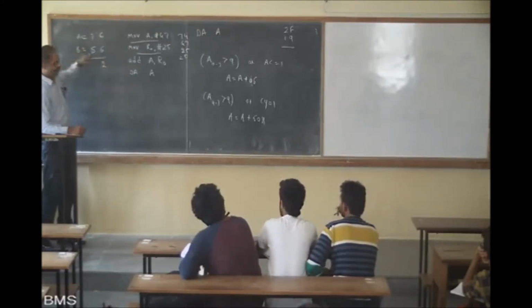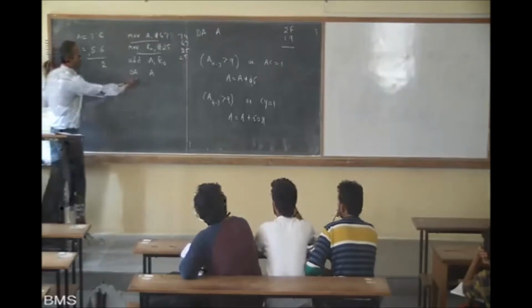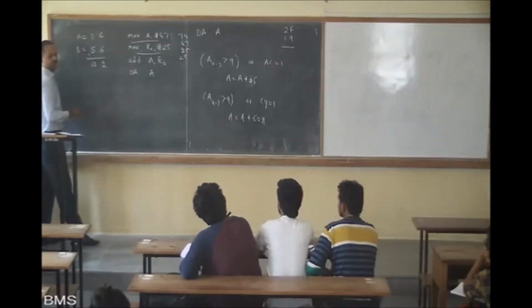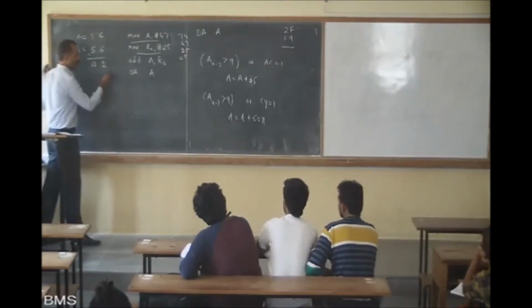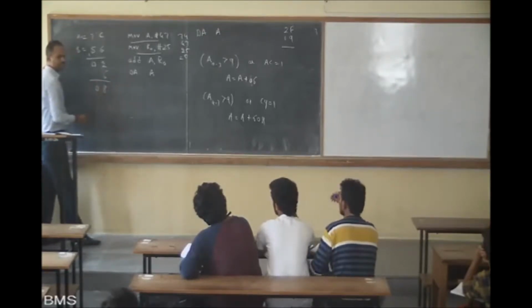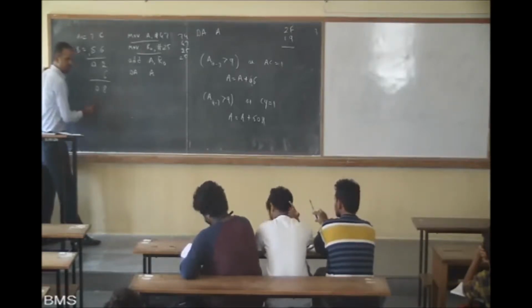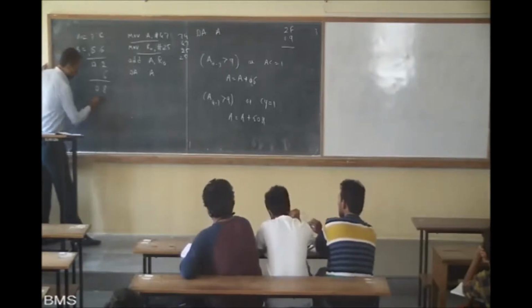Guys, listen, this is very important. Now 7 plus 5, 12 plus 1, 13. 13 is D as the answer. Now what do I have to do? If it is DAA, what does it have to do? Add 6. Okay, add 6, what happens? It becomes 60H.